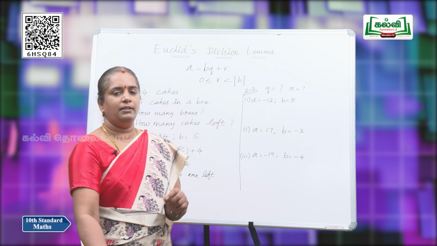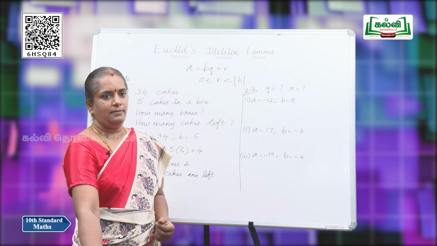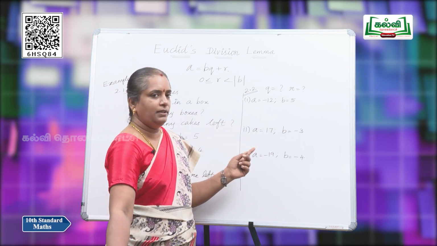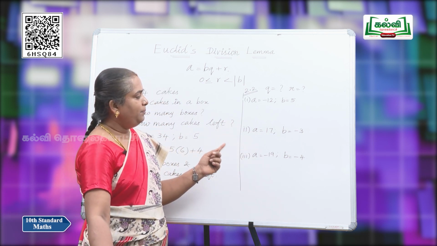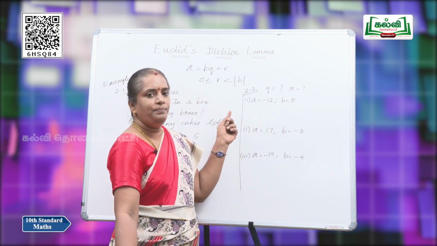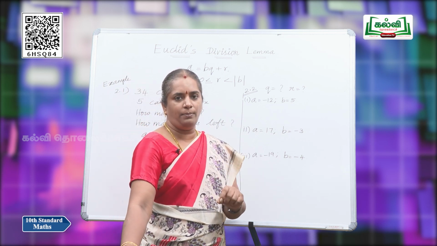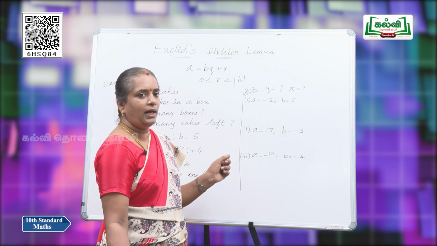So, let us go to the next sum, where q and r are asked. You are going to find the quotient and the remainder in the given a and b. So, in the first one, a is minus 12 and b is 5. Here we are going to write the statement in the form a is equal to bq plus r, and we are going to find q and r.